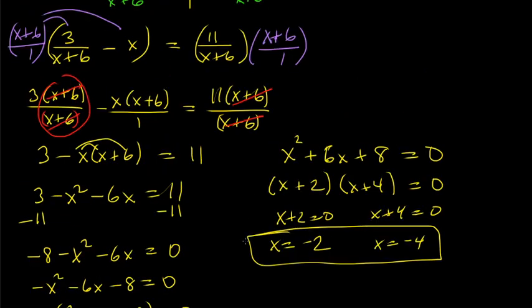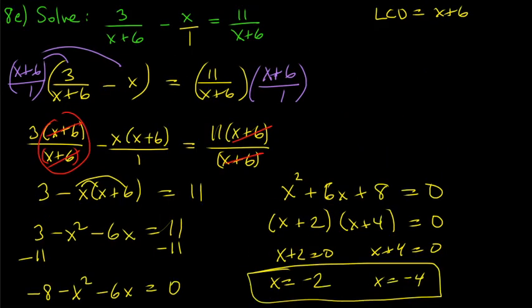Okay. Are they correct? Well, again, we should check. I'll tell you what, I will check the negative 4, leaving you to check the negative 2. So 3 over negative 4 plus 6 minus negative 4.